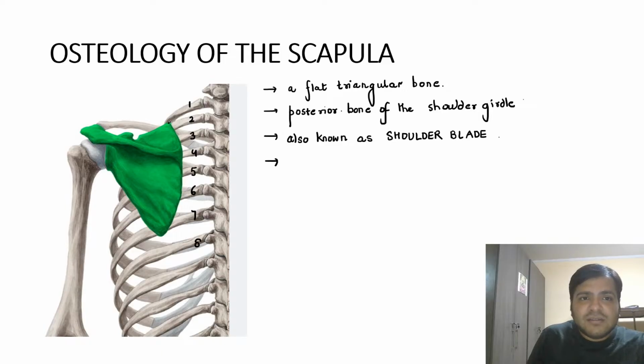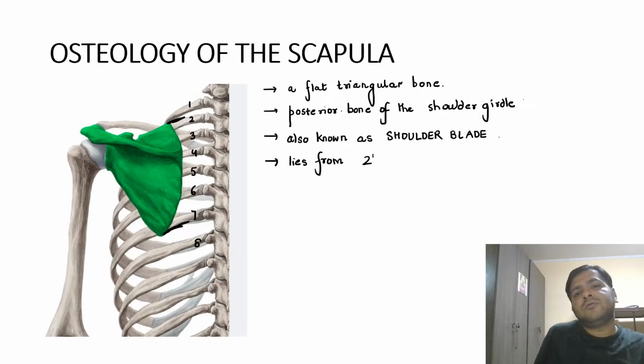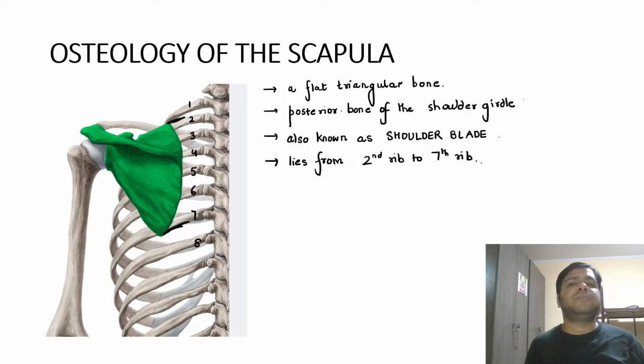Now you can very well see it lies from the second rib to the seventh rib.